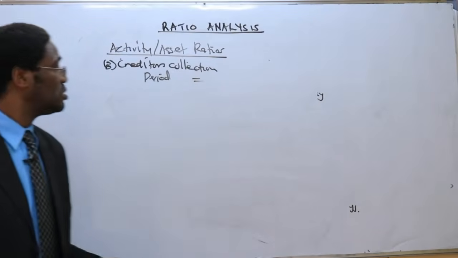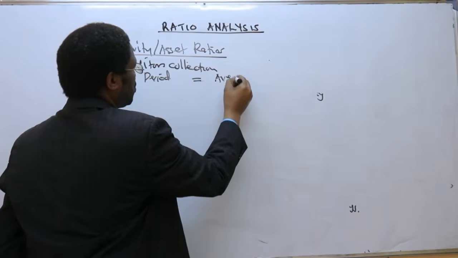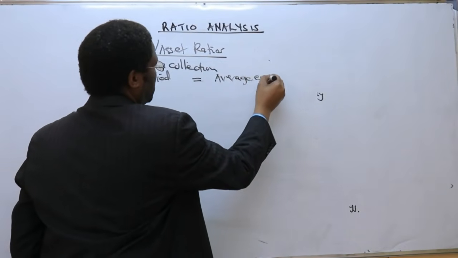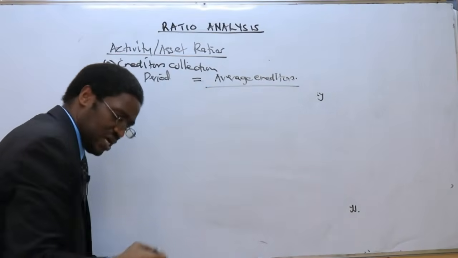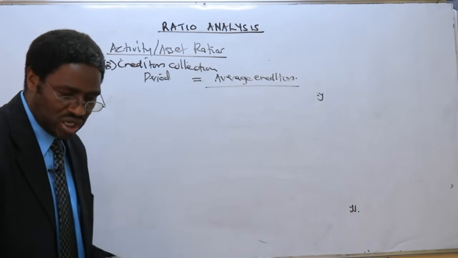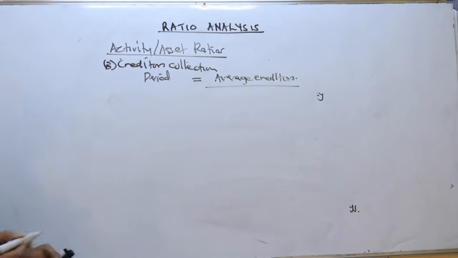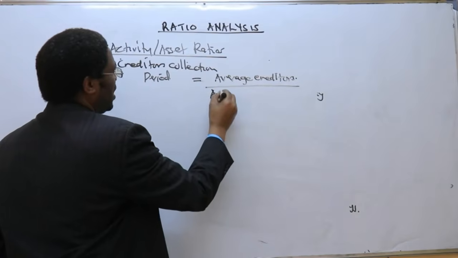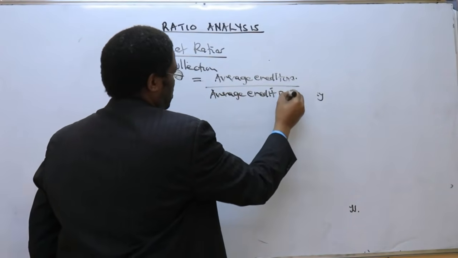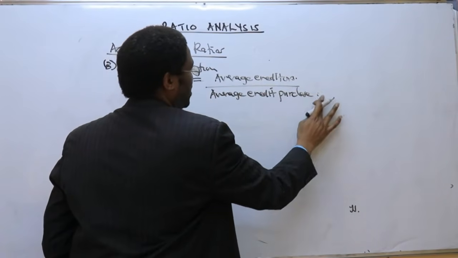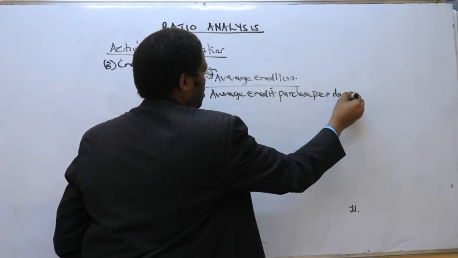Of course, to get it, we shall be taking average creditors and dividing that by the average credit purchases per day.